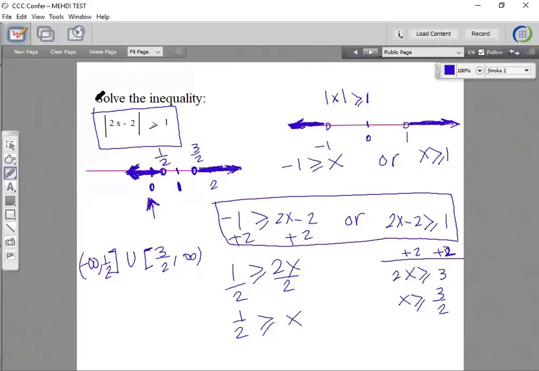All right, so that was the example where absolute value of something is greater than or equal to 1. What I like to do now is switch this around. Instead of writing absolute value of 2x minus 2 is greater than 1, I'm going to make it less than 1. Just to get more practice on this one.